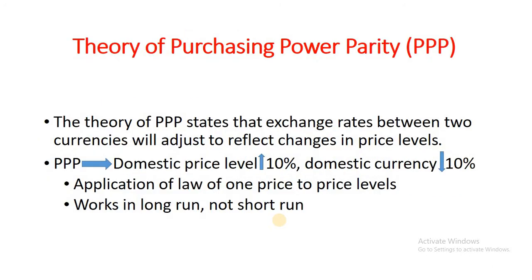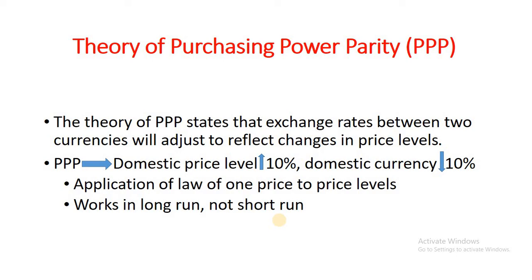Here is another theory, the theory of purchasing power parity, or PPP. This theory states that exchange rates between two currencies will adjust to reflect change in price levels. That means if the price of goods and services changes in a country, exchange rate of that country should be reflected by the changes in the price level.